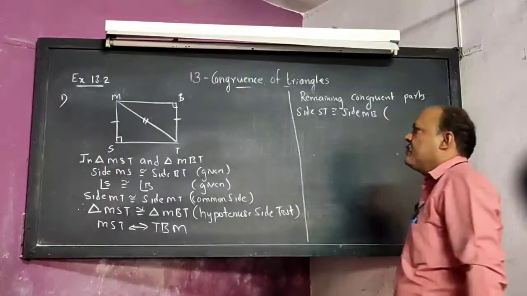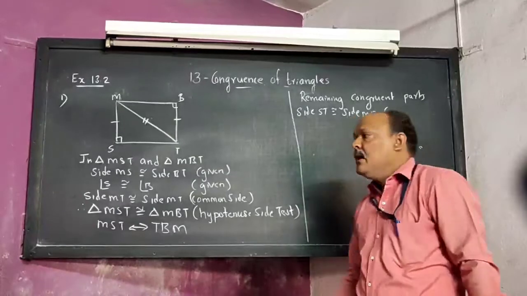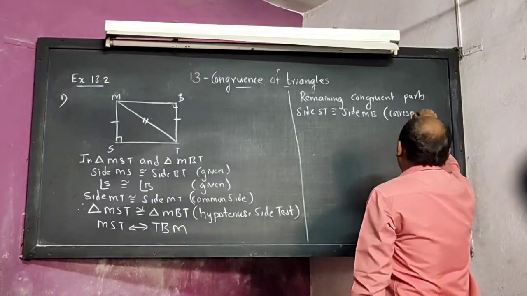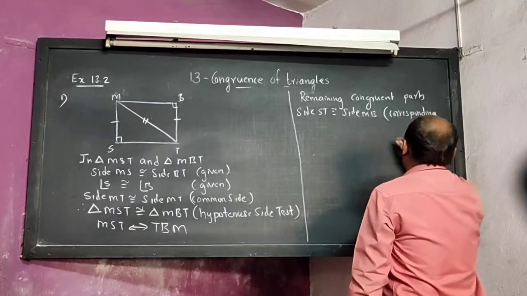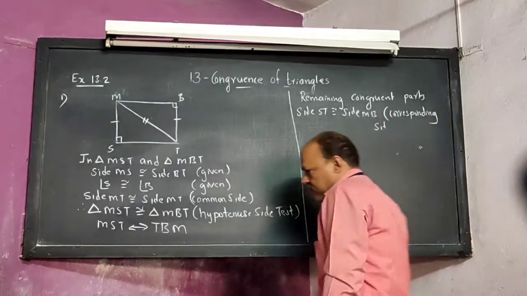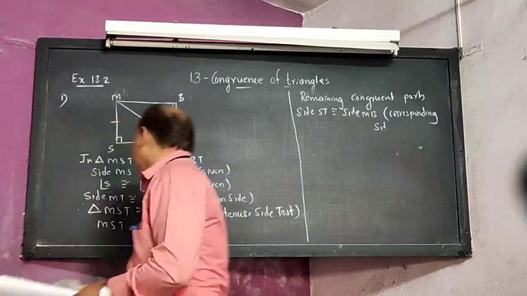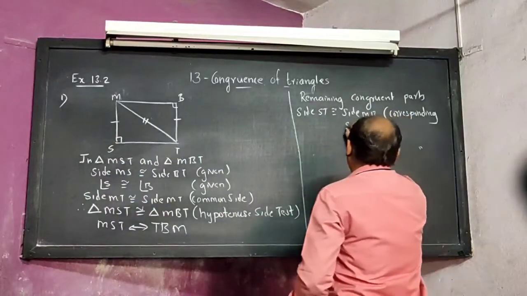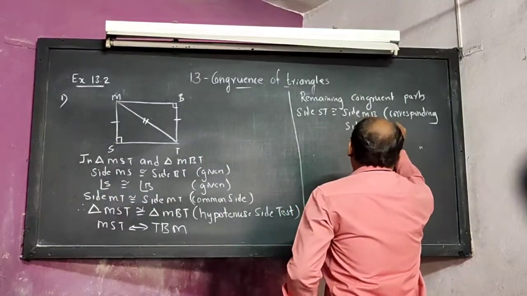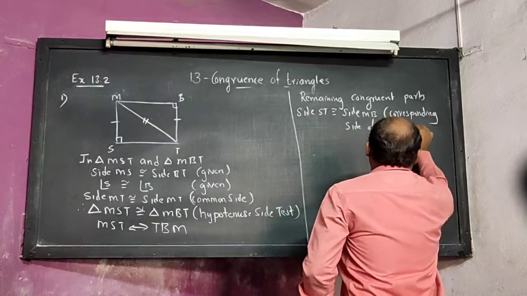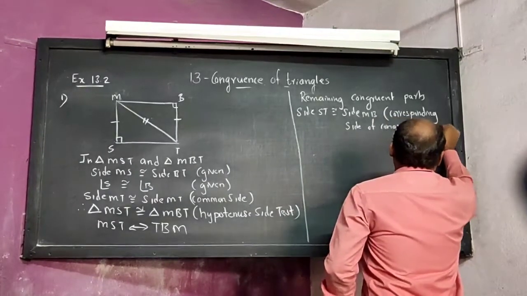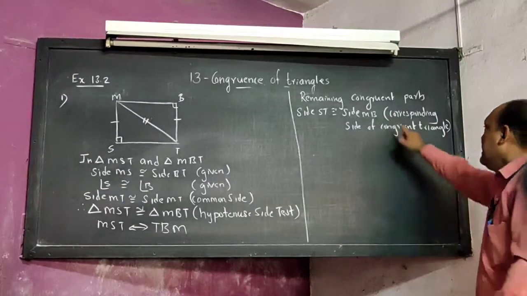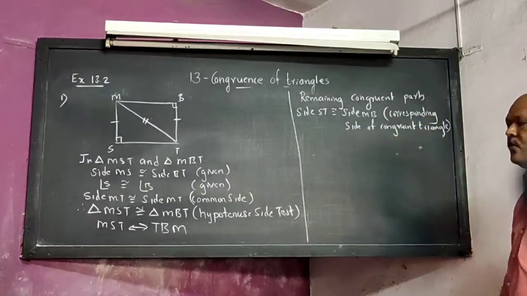That we call corresponding sides of congruent triangles. In short, we can write CSCT, corresponding sides of congruent triangles.